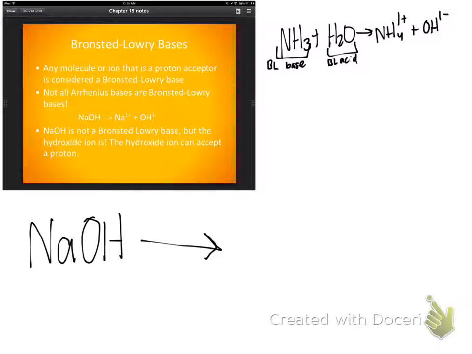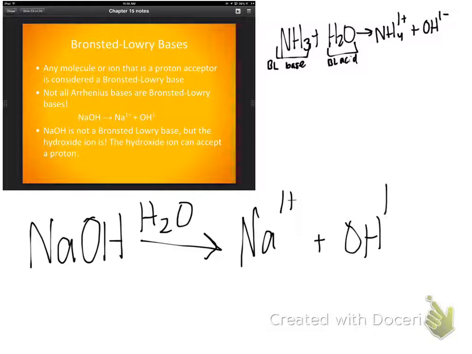When it goes into water, it is capable of dissociating, into sodium and hydroxide. Under the Arrhenius definition, this was a base. It increases the concentration of hydroxide ions. Has it accepted a proton? No. This is not a Bronsted-Lowry base.